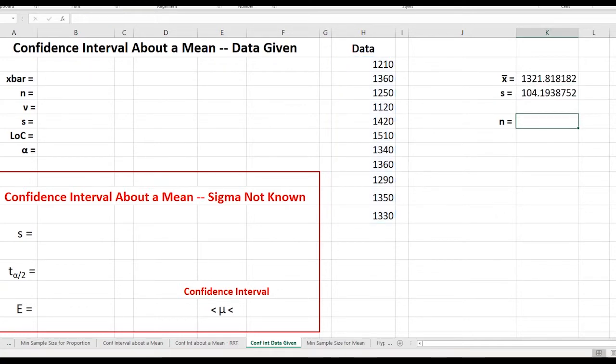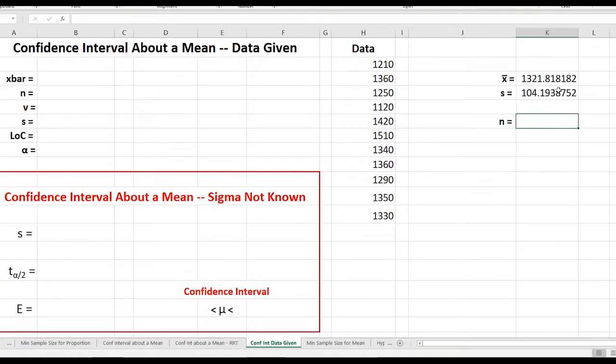Now, there's a number of ways you can get n. You could develop a formula to actually count those, but I'm not going to give you one that has a whole bunch of them where you'll end up miscounting, or at least I hope you won't miscount. So just count them out. 1, 2, 3, 4, 5, 6, 7, 8, 9, 10, 11.